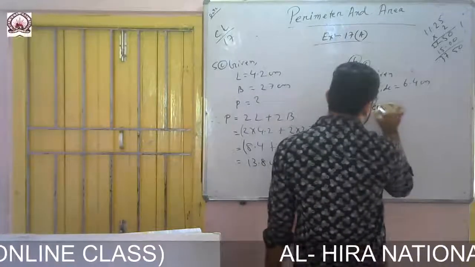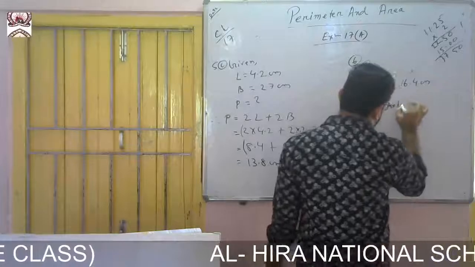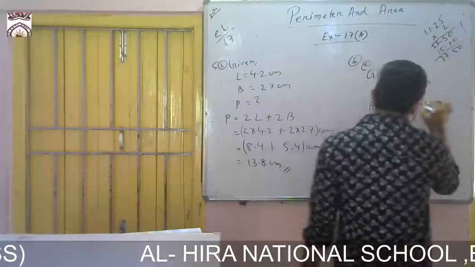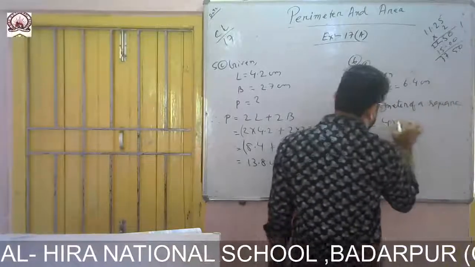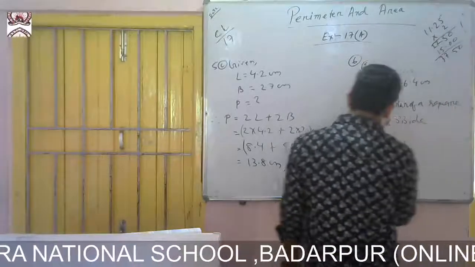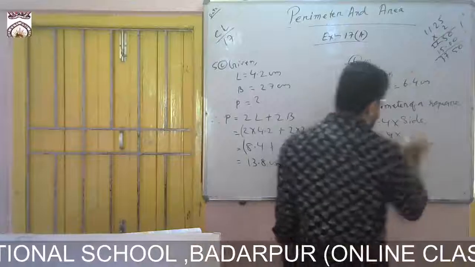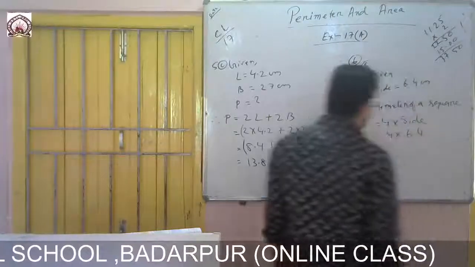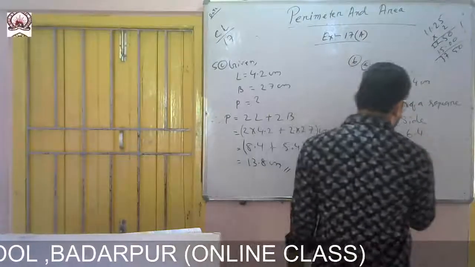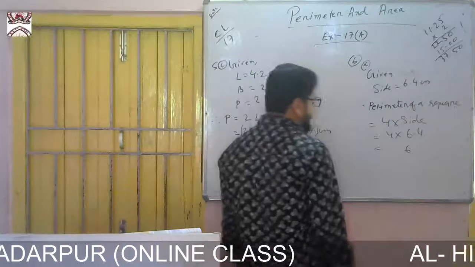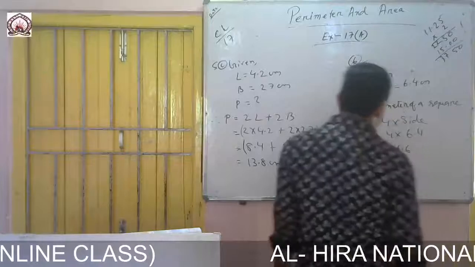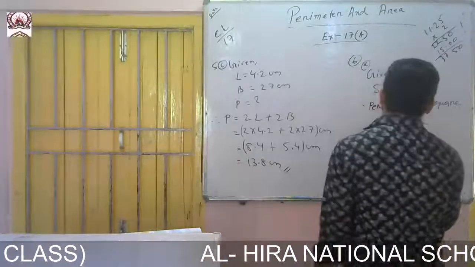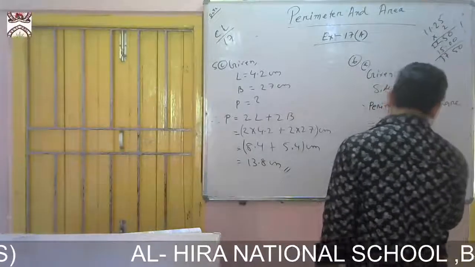Therefore the perimeter of a square equals 4 into side, so 4 into 6.4. 4 fours are 16, 6 fours are 24, and 1 makes 25. So it is 25.6 centimeter.